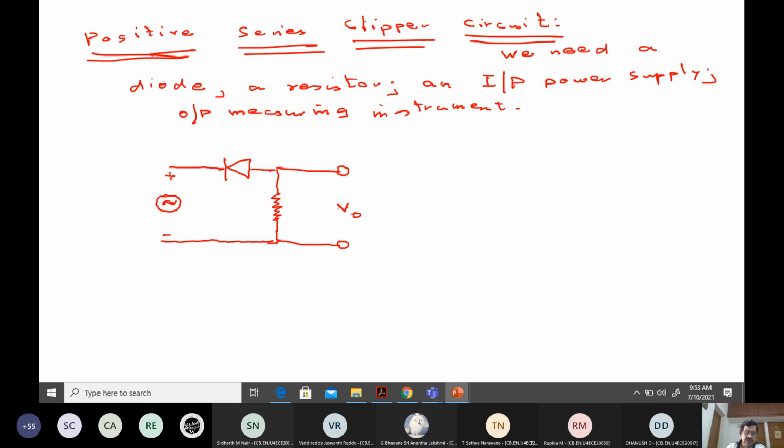During the positive half cycle, this point will be positive in relation to this point, and during the negative half cycle, this point will be negative with respect to this point. So depending on that, the action of the diode. This is my circuit, this is my resistor R, and this is my diode D.